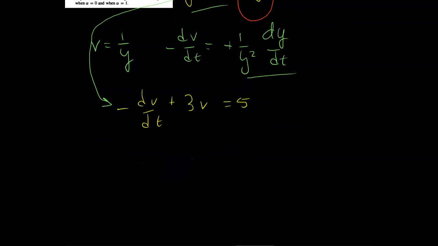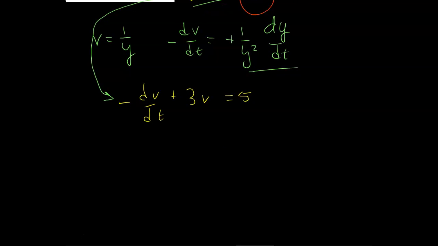Let's solve it. I would first deal with that negative. So dv/dt minus 3v is equal to negative 5. We've seen this one a good amount, so my v would have to be the homogeneous solution, some constant times e to the positive 3t, plus my particular solution of, let's say, 5/3.